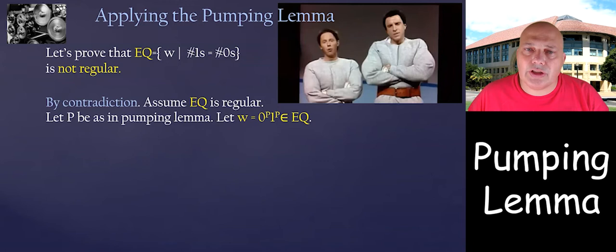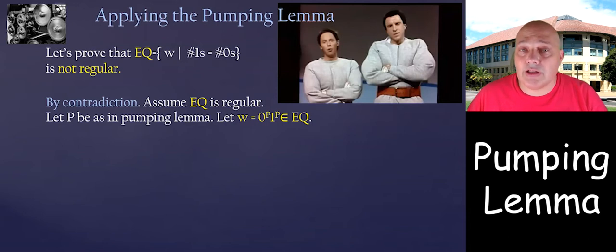So by contradiction, assume that it is regular. Then there is some p, which is the integer from the pumping lemma. So there is some p for which the pumping lemma holds. We can define the string 0^p 1^p.